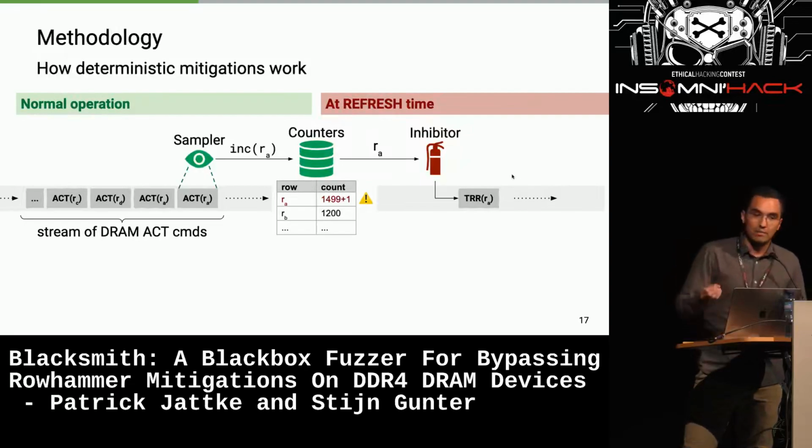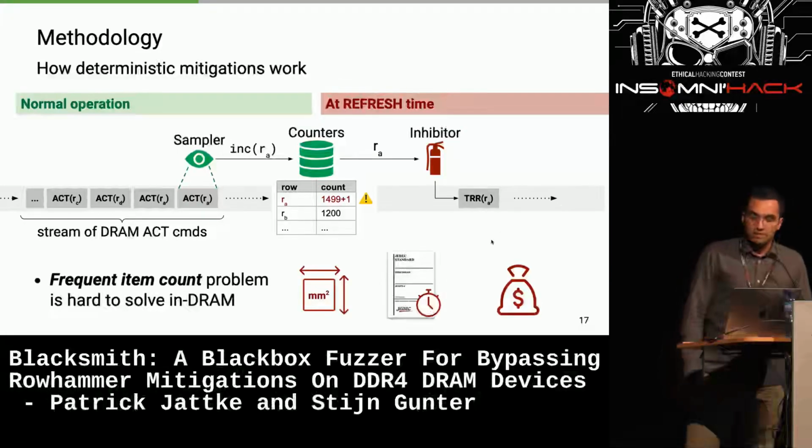I mentioned before that DRAM is a synchronous protocol. This means that we can only send a refresh at certain points in time. So at the refresh time, there is an inhibitor component that looks up in the table whether any of the rows reached this threshold, and then sends a TRR, so it refreshes this row before it can trigger any bit flips.